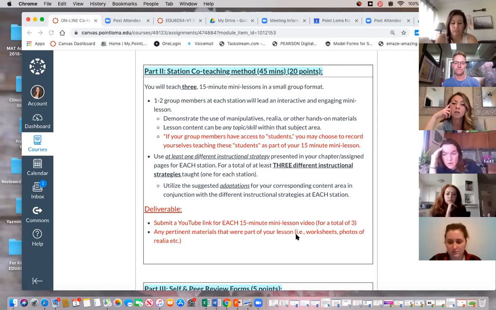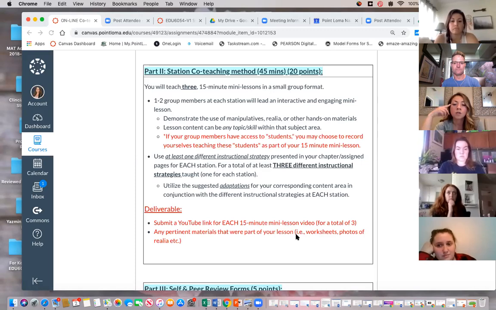Depending on how many group members there are, one station might need 2 people co-teaching, and the other 2 stations will just be solos. Just make sure that everybody has a part in teaching within the mini lesson stations.